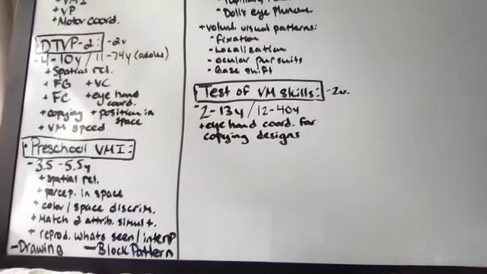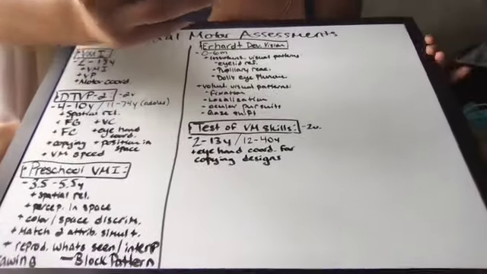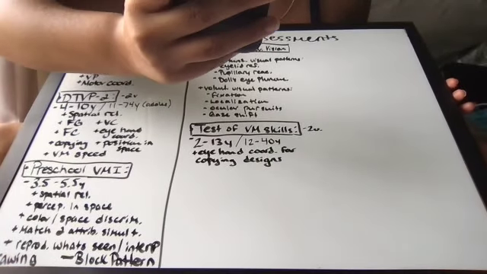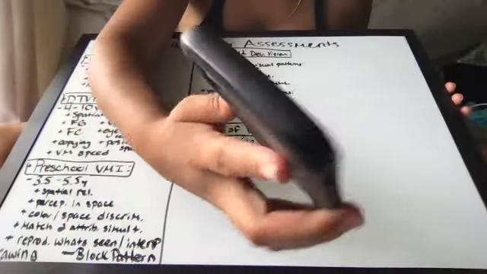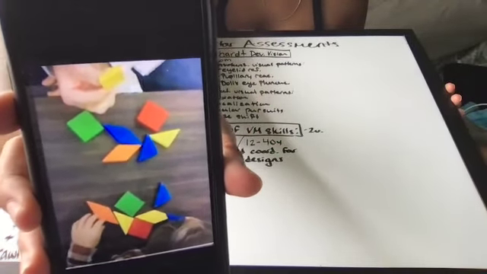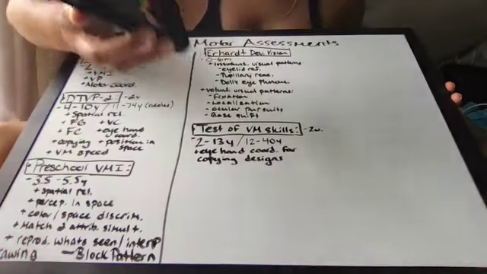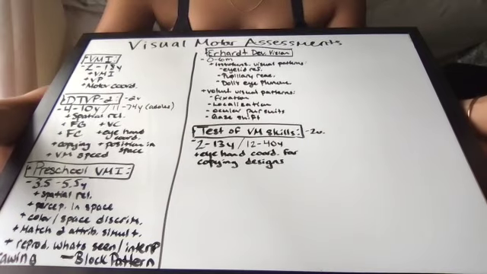So a visual of that to help understand it would be right here. Find this block. So you pick up a yellow diamond and you ask them to find that, and then they pick up a yellow diamond. So that's color and shape discrimination.